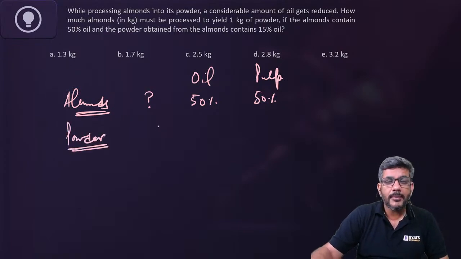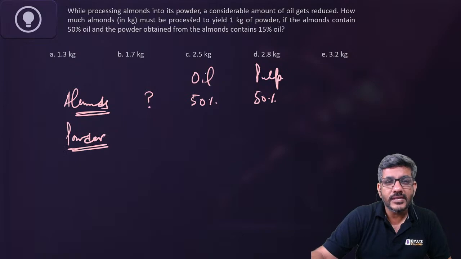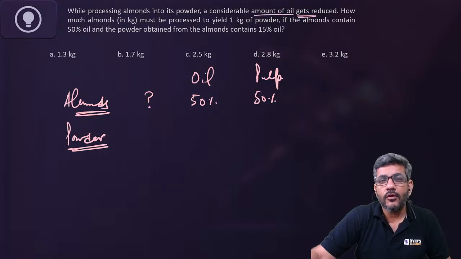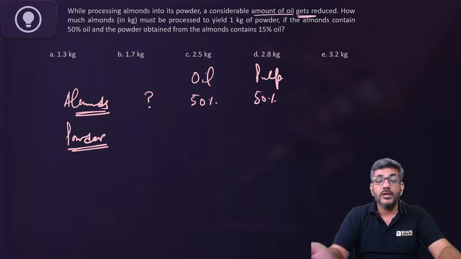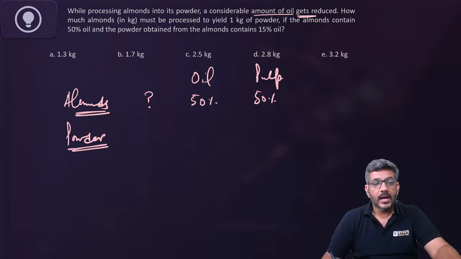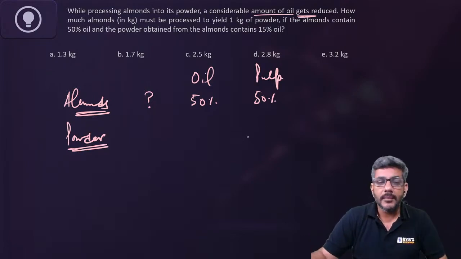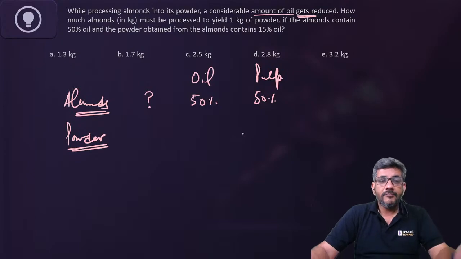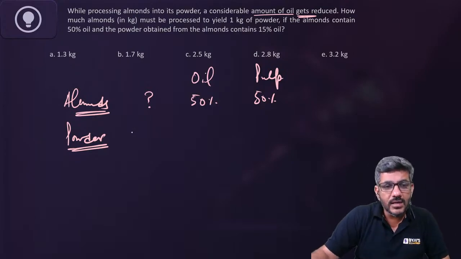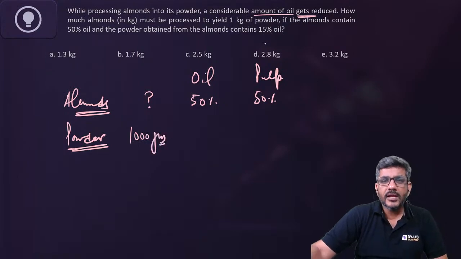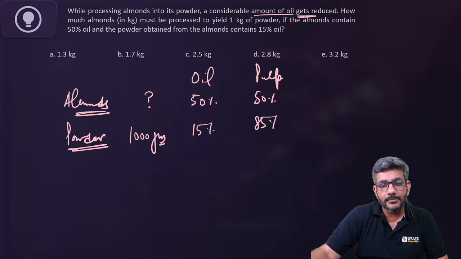And how do we make a powder? He says, while processing, a considerable amount of oil gets reduced. So some oil will go out of them, and then we will be getting some powder from that. ये पाउडर हमें चाहिए 1 kg और we can say 1000 grams. It will have 15% oil. If it will have 15% oil, 85% pulp is there.